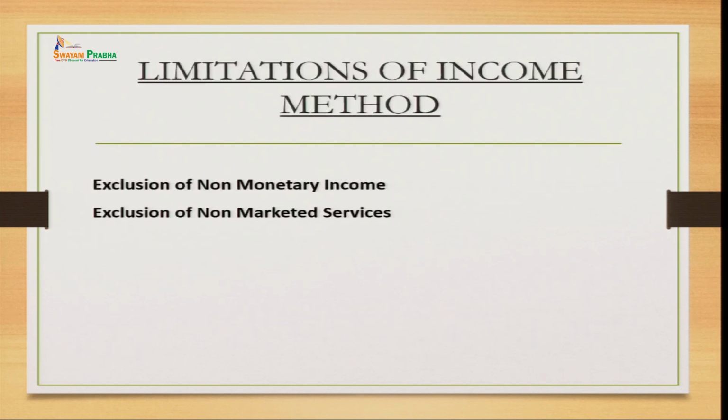Then this method does have certain limitations as well: there is an exclusion of non-monetary income. There are certain services which you render out of love and affection. If a husband is taking help from his wife in his business and not paying any salary to her, she is not receiving any income, so this amount will not be added to the national income.